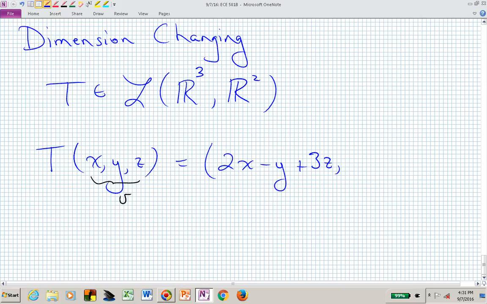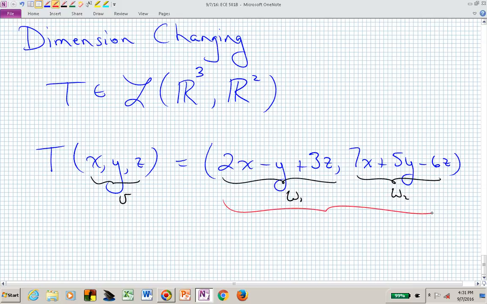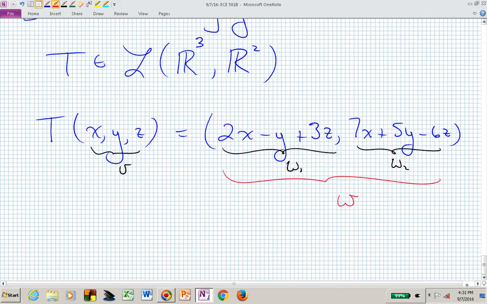And there's my first coordinate of the output. And my second coordinate might be 7x plus 5y minus 6z. So that this might be w1 and this might be w2, where the whole thing is our vector w, consisting of 2 coordinates in the vector space of R2. And that's a dimension-changing linear map.